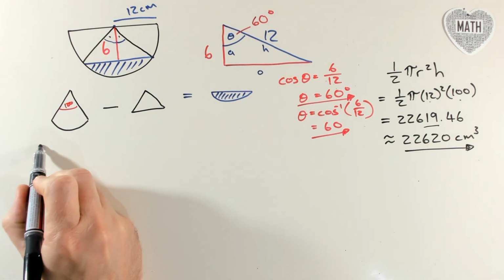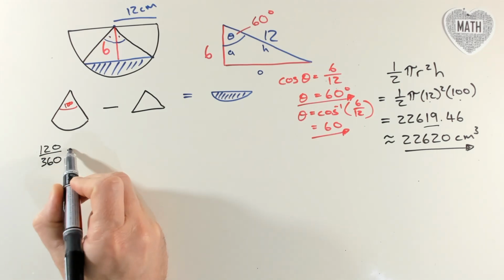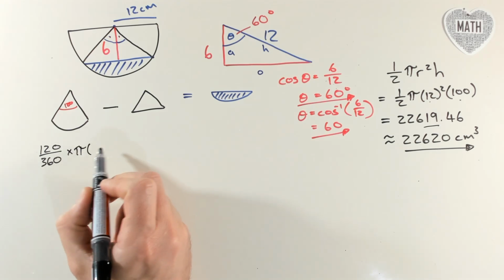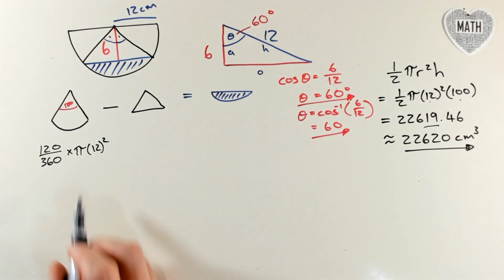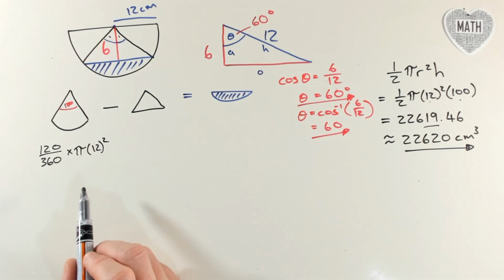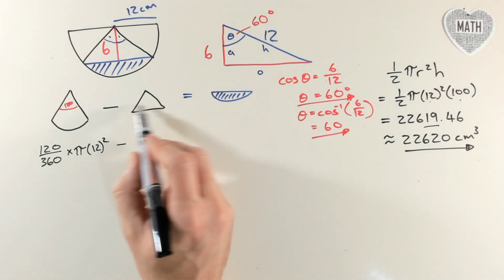So let's just write that down. I have 120 over 360 times, because I want area, it's going to be pi r squared, and the radius is 12. So that is the area of this sector. And we're going to subtract the area of the triangle.